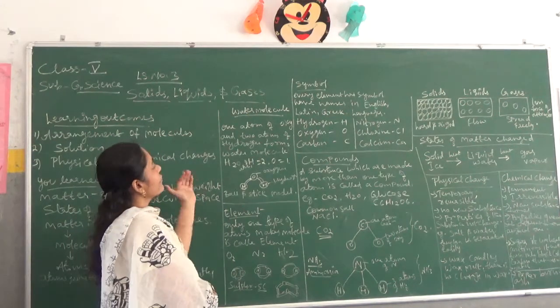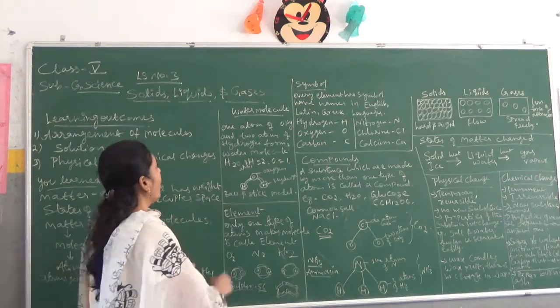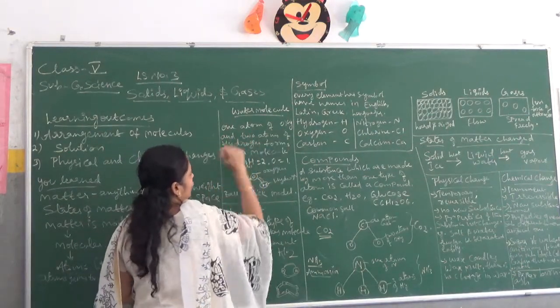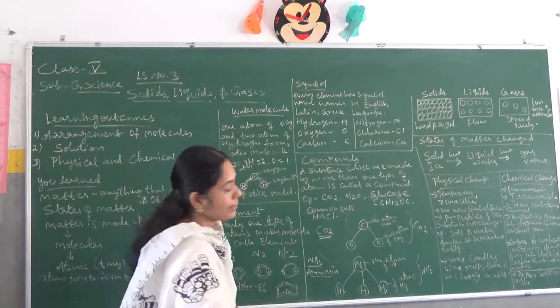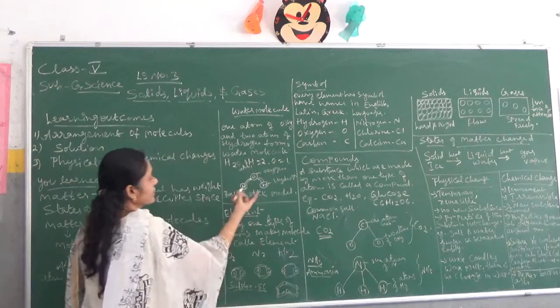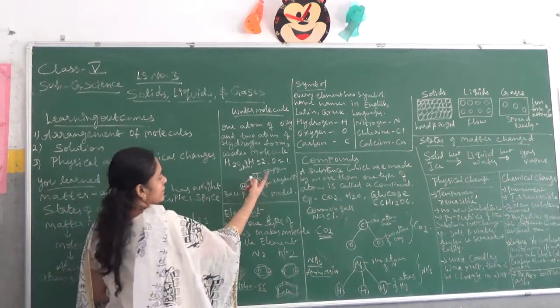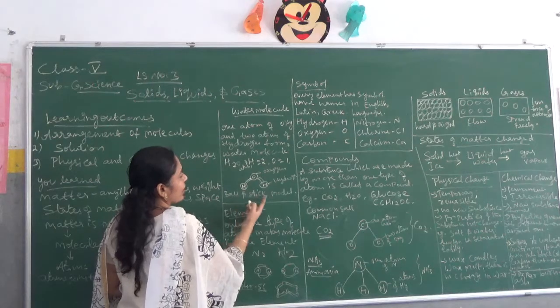Next, in this lesson we are going to learn about the water molecule. What is a water molecule? One atom of oxygen and 2 atoms of hydrogen form a water molecule. Look here. This picture is called the ball and stick model.